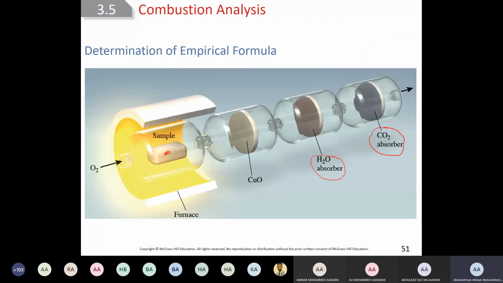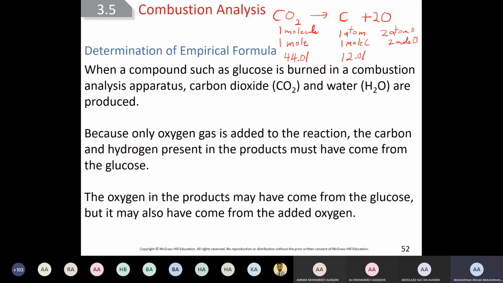This means if I have, in this reaction, for example, X gram CO2, then how much carbon is in this X gram CO2? Only carbon.